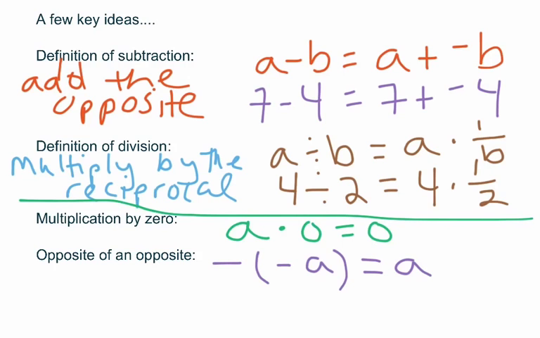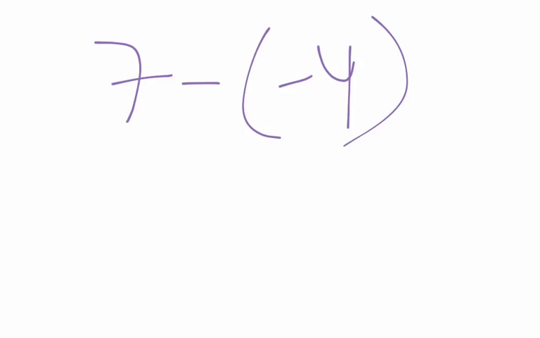Sometimes you'll hear people say, when you subtract a negative, it's the same as adding. That's why. If I have 7 minus -4, you say, well, subtracting a negative is the same as adding. But why? Because if you're just memorizing a rule, that is not helpful. Remember, the definition of subtraction is to add the opposite.